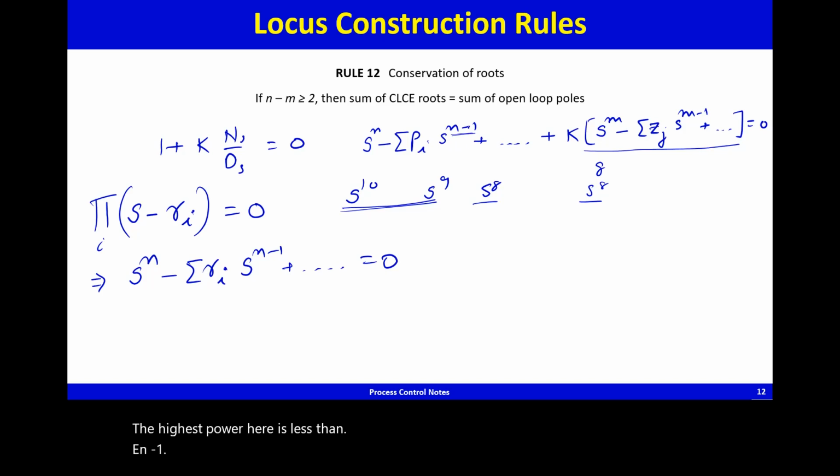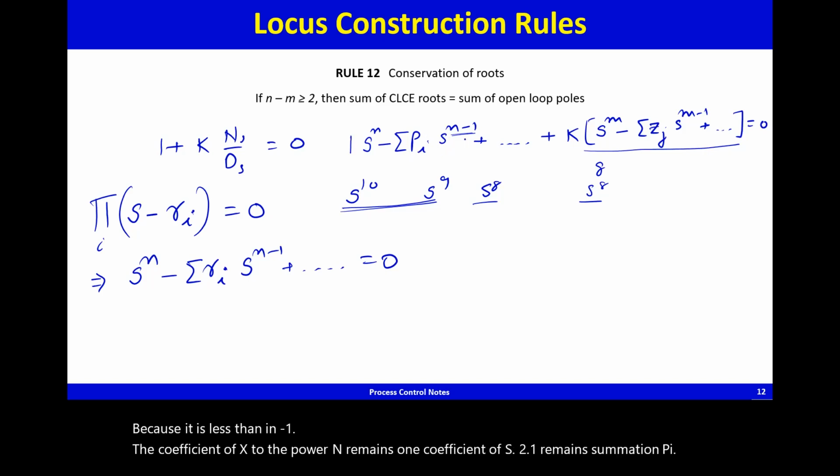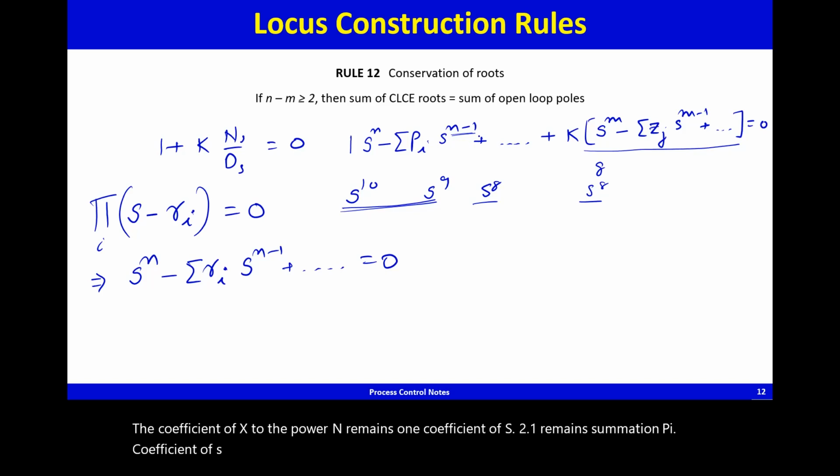Because it is less than n minus 1, the coefficient of s to the power n remains 1. The coefficient of s to the power n minus 1 remains summation pi. For the coefficient of s to the power n minus 2, if m is n minus 2, there will be some mixing.